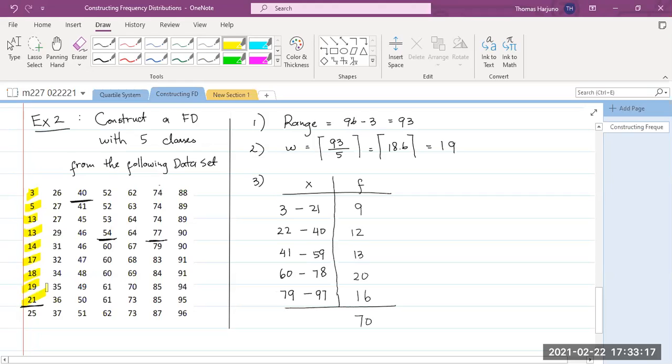That's what the tally is for. Maybe I color it. There are 9 here. And for the second class, there are 12 from 22 to 40: 1, 2, 3, 4, 5, 6, 7, 8, 9, 10, 11, 12. There are 12 of them, and so on and so forth.